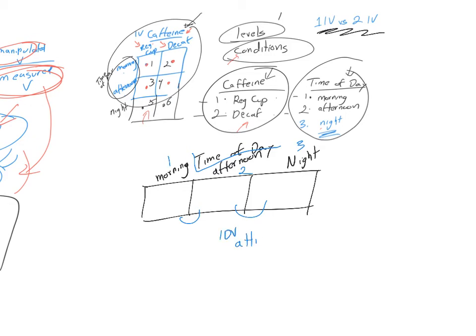I'll do attention again. And again, you get these details from reading the question, but in this case, I have 1, 2, 3 conditions. So this is only the case when you have one IV, but when you have one IV, the levels and conditions are equal.